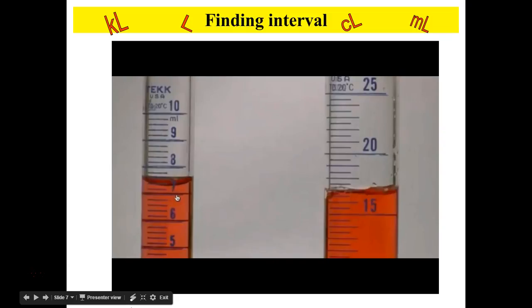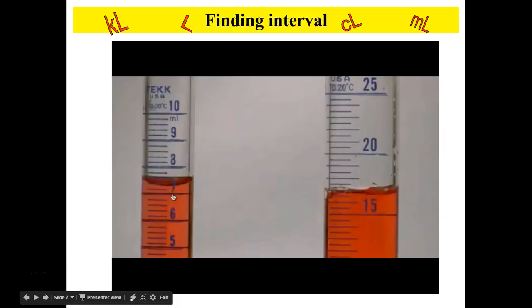If you remember, these little hashes are 0.2 milliliter marks. So this is 7, 7.2, 7.4, right? The meniscus looks like it falls underneath the 7.4, so you could say an accurate reading would be 7.3 milliliters.